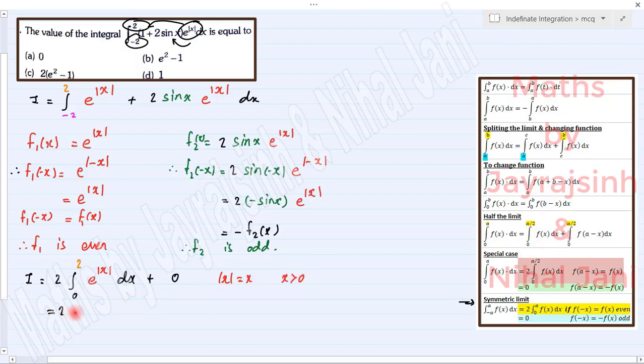So simply integration of e raised to x will be e raised to x, limit is from 0 to 2. Substitute the limit, you will get e raised to 2 minus e raised to 0, or we can say 1. So 2 times (e squared minus 1) is your final answer, which is given in option C. Ta-da!